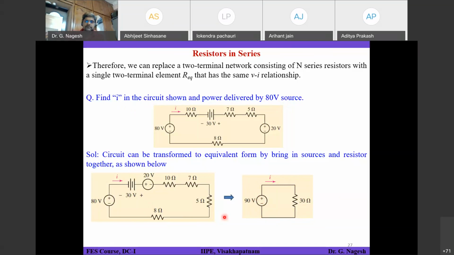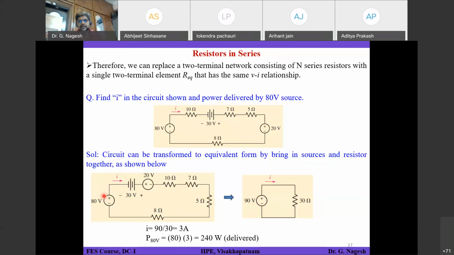So how to do that? What will be the current now? V divided by R, 90 divided by 30, that is equal to 3 amperes. Now they are asking us to find the power delivered by the 80 volt source. Power delivered means current flowing out of the positive terminal.